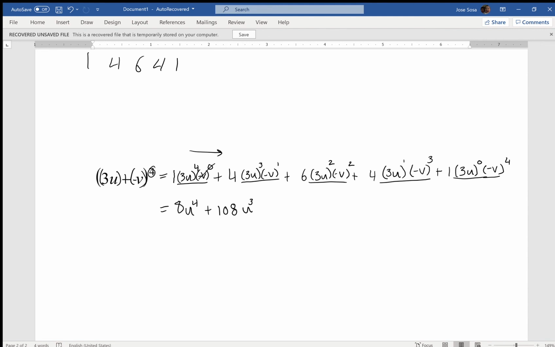And, oh, it's a negative, so that turns this piece into a negative. All right, plus, we got 9 times 6, so 54, u squared times v squared, negative v squared, which is just v squared.